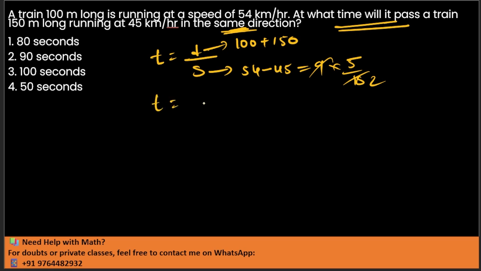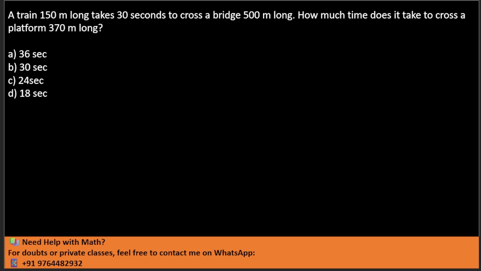So it is 250 upon 5 upon 2, so 2 will come here, so 25, 5 multiple, so t is equal to 100 seconds. Okay, now let's see the next question.